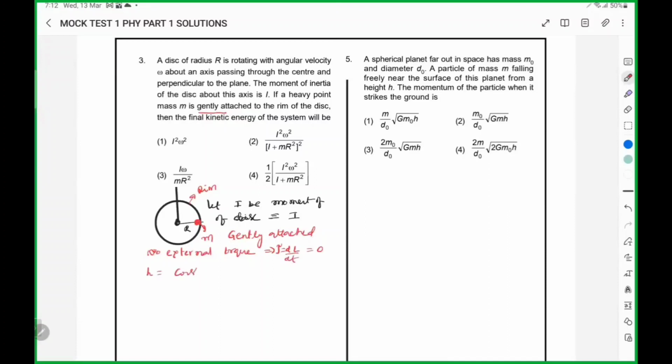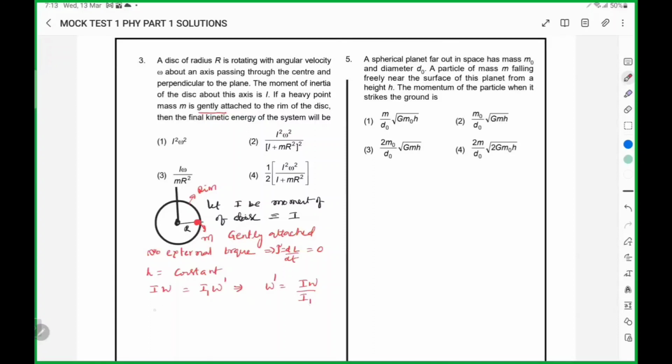L here is constant. Initial angular momentum is this. Now because this mass m is attached, its moment of inertia changes. So omega dash will be I omega by I1.